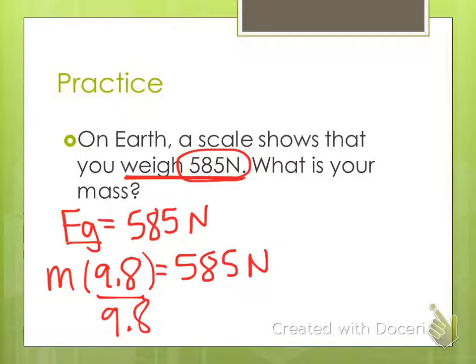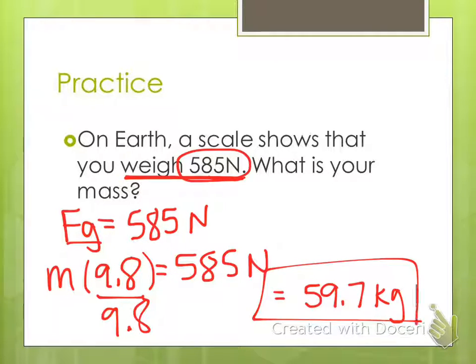If it's in newtons and we want kilograms, we divide by 9.8. Is mass always in kilograms? That's right. Whenever it says it weighs this, if it's in newtons, they already took it times 9.8 for you.